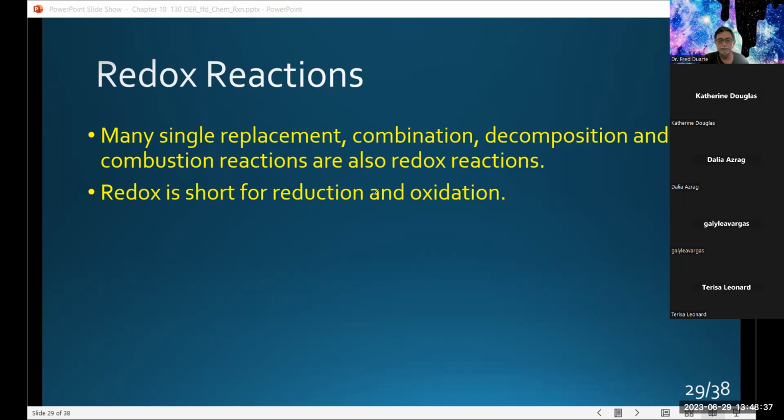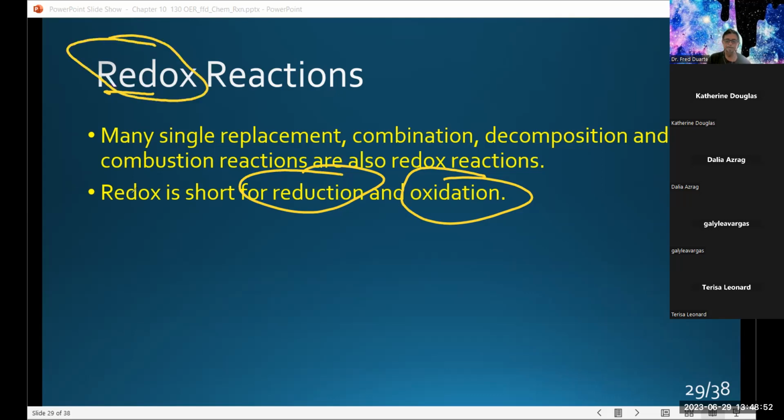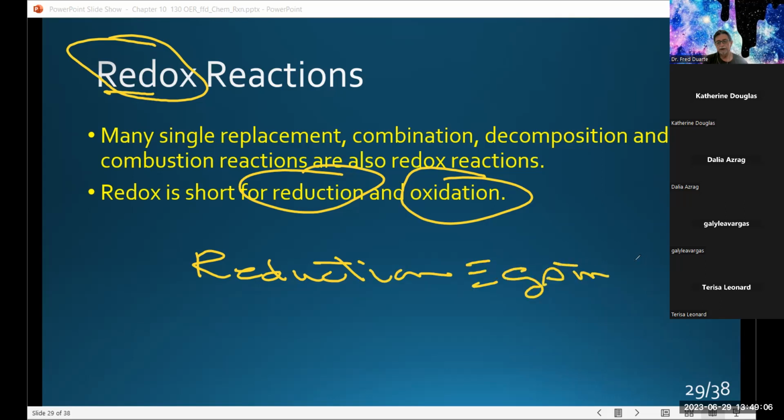Okay, now what does that mean? Okay, here's reduction and oxidation. If you take the red from reduction and the ox from oxidation, you have the term redox. Okay. Now, what this means is the following. Reduction is the gain of electrons.